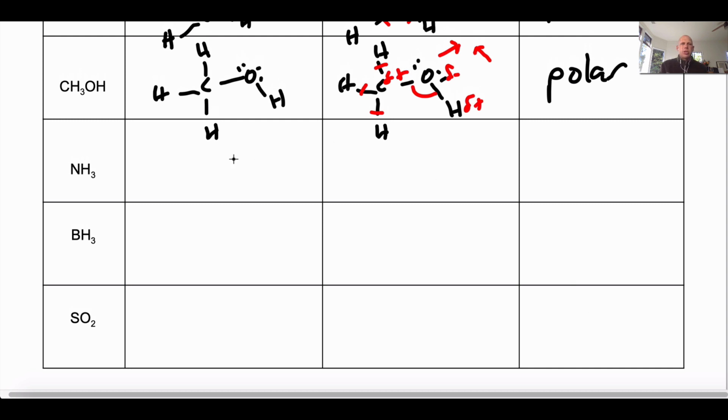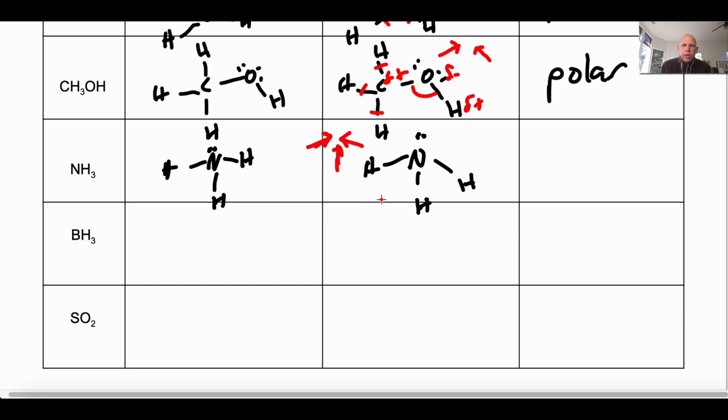Let's look at NH3. There's the Lewis structure, and we're going to draw it according to the correct molecular geometry. It's pyramidal. Okay, so let's draw the dipole arrows. N pulls harder than H. It's more to the right on the periodic table. So we got an arrow here, an arrow here, and an arrow here.